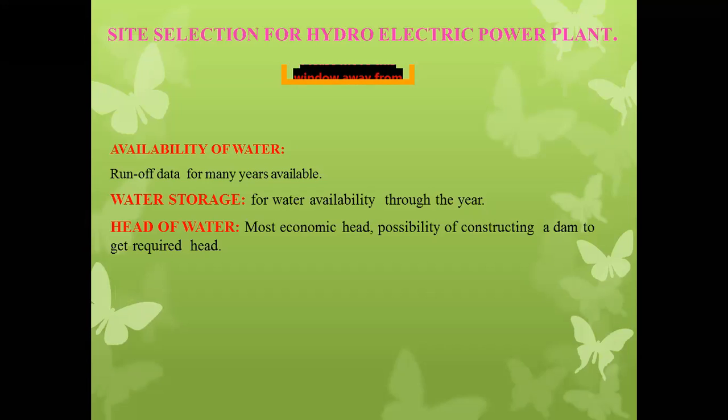So this is the potential energy formula from physics: PE is equal to mgh. So h is nothing but head of water. That is also important, as the most economic part while selecting the site.